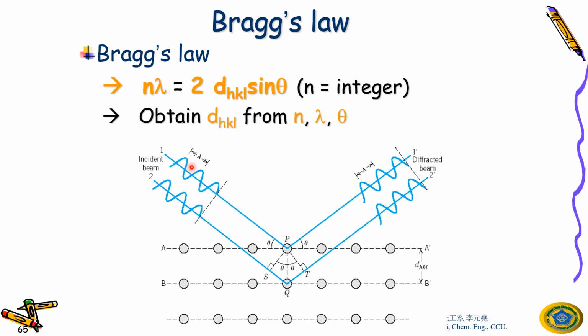If you use copper, that will be 1.5 angstrom. And the angle of the beam is also easy for you to control. So once you know wavelength and theta, you can obtain the d spacing through Bragg's law.